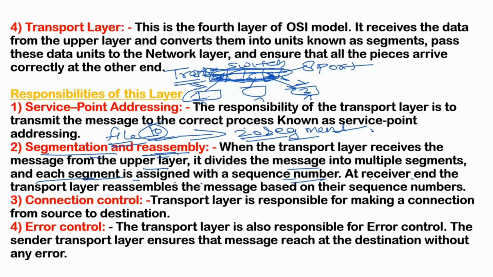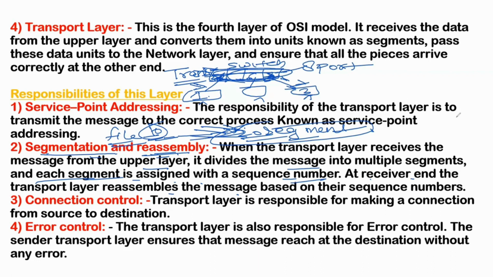At the receiver end, the transport layer reassembles these segments and converts them back into the data format by this sequence number, one by one. First number first, and then second, then third, then fourth. If this sequence number is not assigned to the packet, your data can be inaccurate.